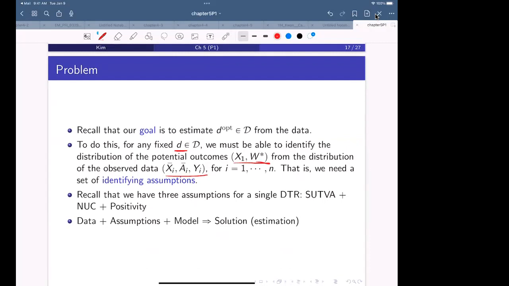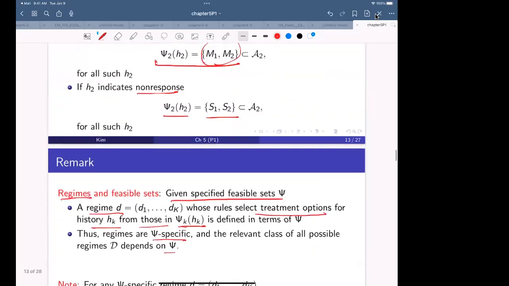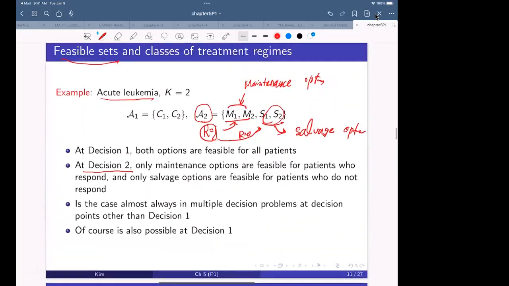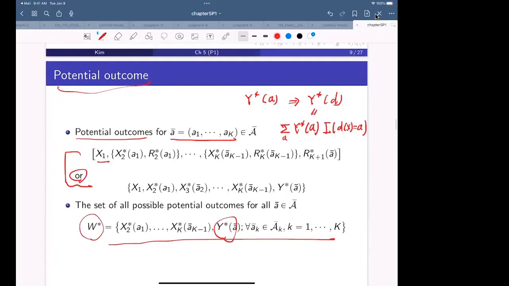So remember, what is this W star? Let's go all the way back. This is all the possible potential outcomes. X1 is not really a potential outcome, X1 is observed, but X2 depends on A1, so that's why it becomes a potential outcome from X2 to XK and then Y star.